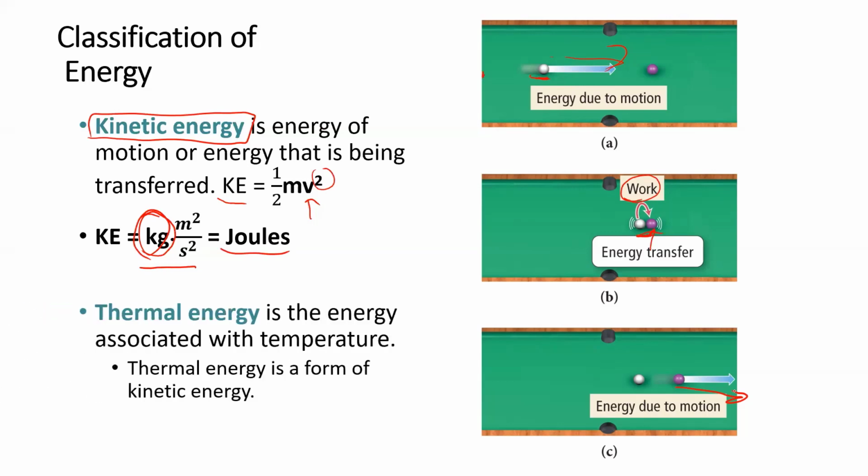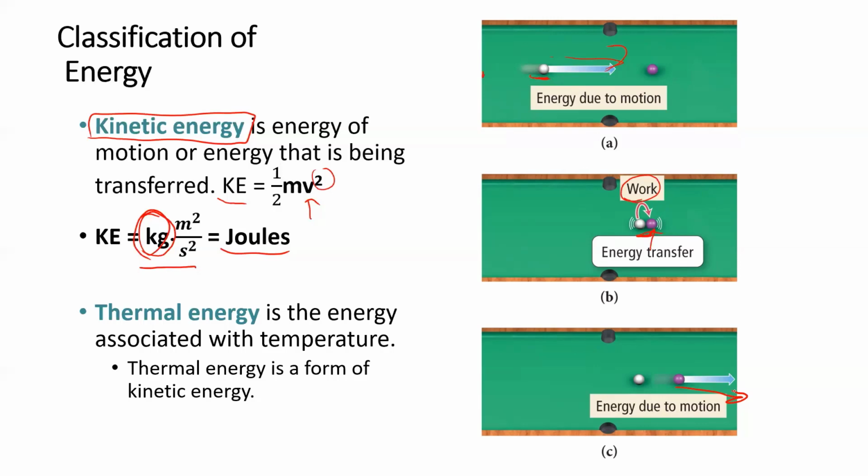So I had said earlier that thermal energy is the energy associated with temperature, right? So you can think of heat, thermal energy, as a form of kinetic energy. The big difference is when we look at the macro world, like billiard balls or people running, we think kinetic energy, motion. So you could think of heat energy at a microscopic level, at an atomic or chemical level.